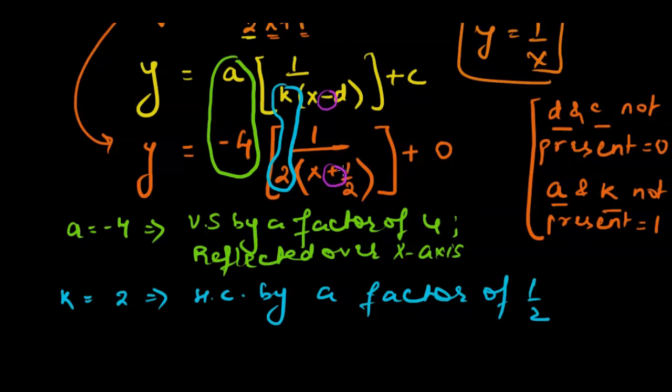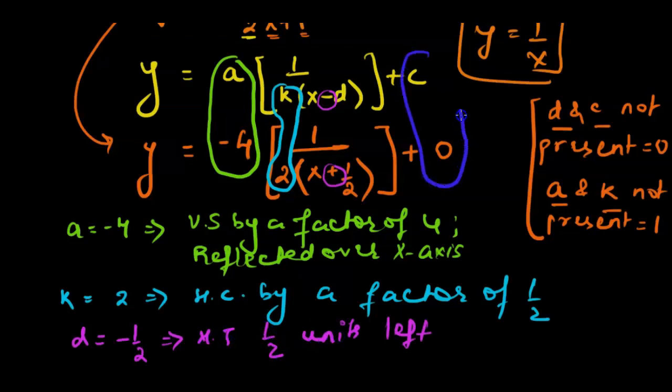We know that; till now we are clear with that. So the d value is going to be -1/2. That means the graph is horizontally translated 1/2 unit left. Let's now find out the c value. C is 0. If c is 0, we do not even have to describe it because the graph is not going to be vertically translated for any reason here. And this is how we describe transformations when we are given equations in transformed function form.